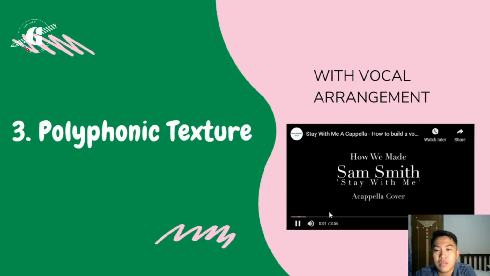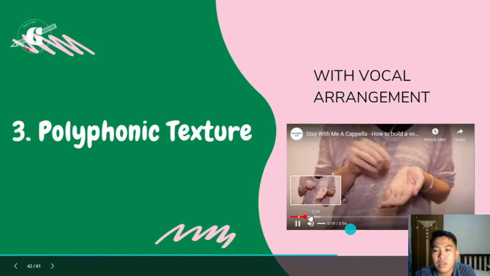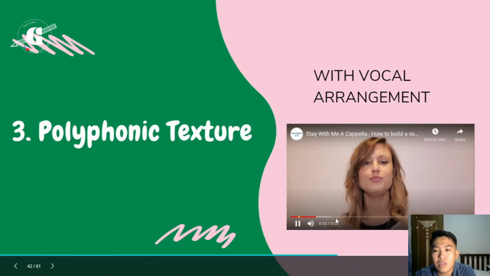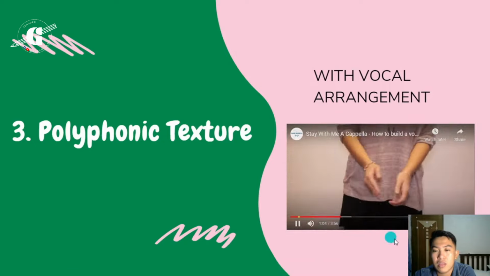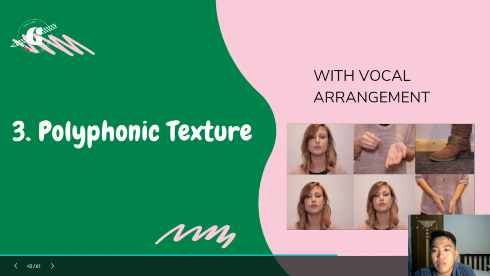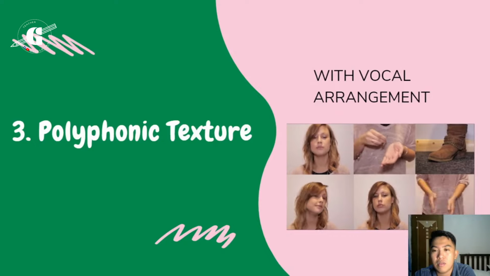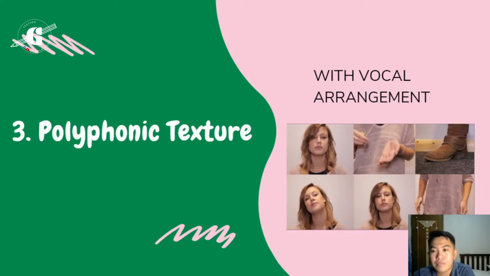Hello and welcome to DK Music Academy and our version of Sam Smith's Stay With Me. So we have built this track solely from vocal, from our jewellery, which we shook, which created the cymbal sound, which would continue throughout the song. We then added another low harmony, which is a bass line stepping upwards into the next section of the song.